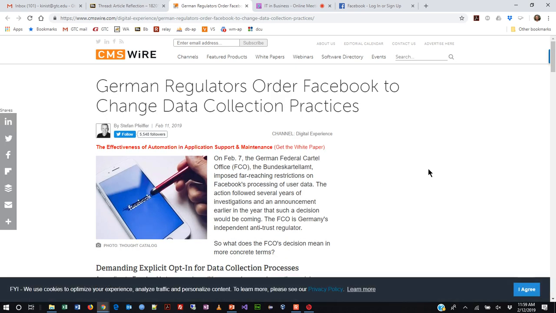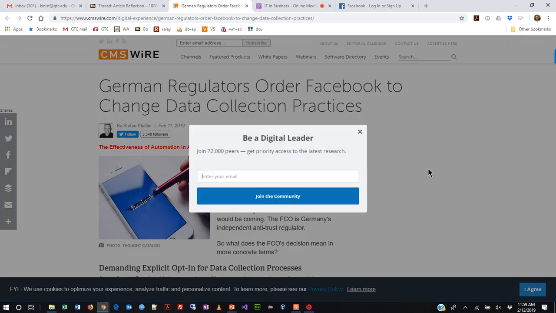So essentially, over in Germany, long story short, they're trying to push that before you use Facebook, you give your consent, that you know they're using your data or collecting it.